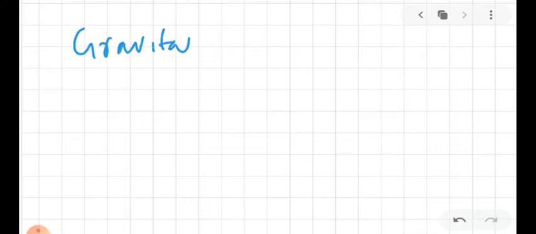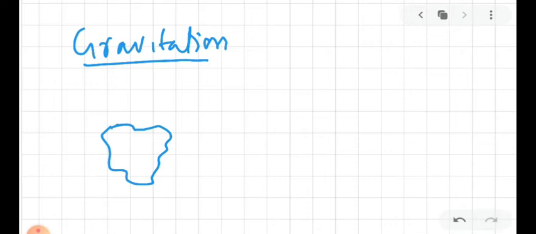In gravitation, you had a piece of mass or a system of mass which had some mass m. You do not know its shape or size, but the only factor you know is its mass.